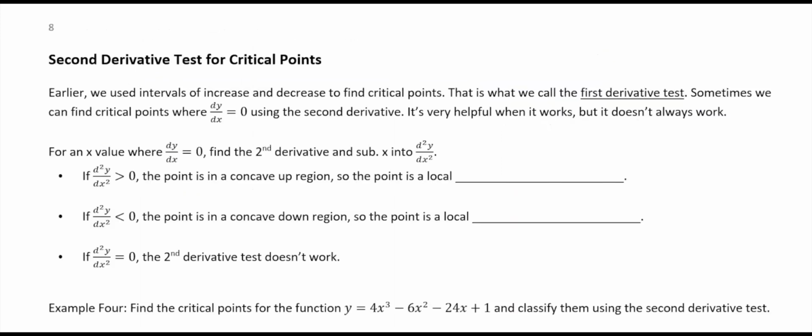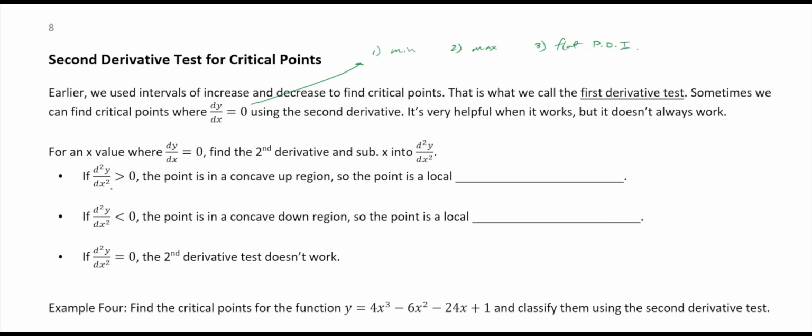Okay, in the second derivative test, we can find the critical points where the first derivative is equal to 0. Where the first derivative is equal to 0, we could have a min, a max, or a flat POI. If the first derivative is equal to 0, find the second derivative and sub that x value into it.